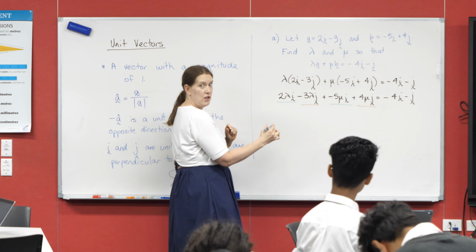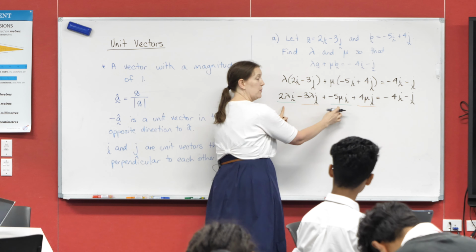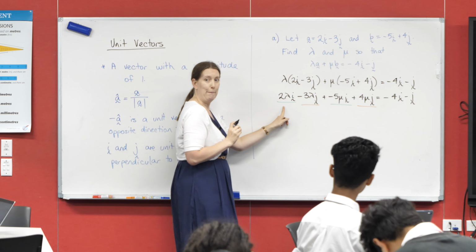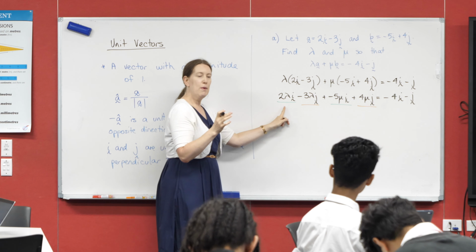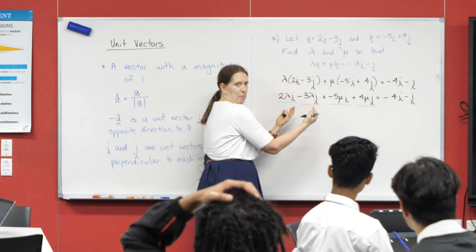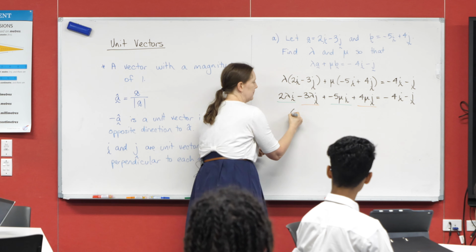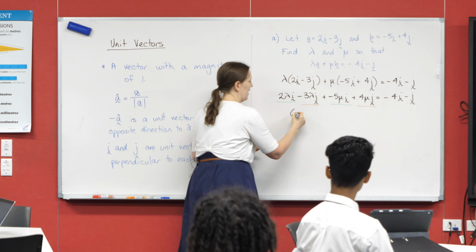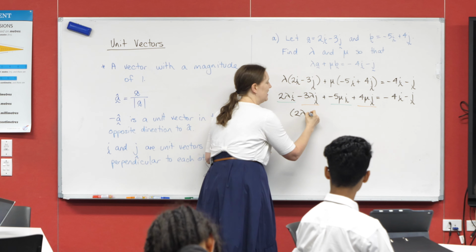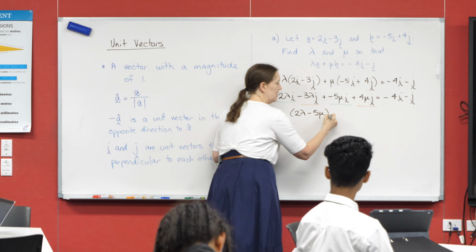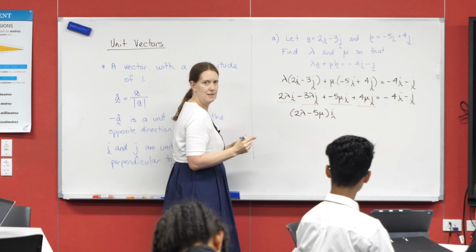Have I made a mistake? You know I do this. Can we do it? What's the problem? They're multiplied by different things. But can we collect them still? Yeah. How would we collect them still? Bracket 2 lambdas minus 5 mu's times my i's.